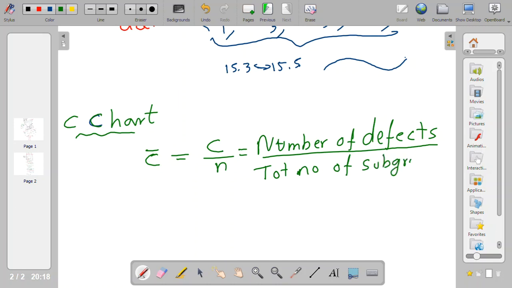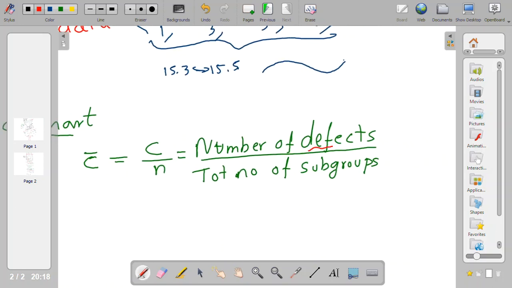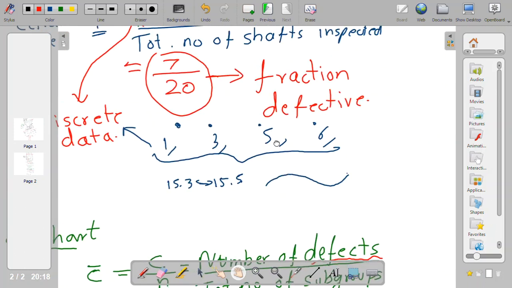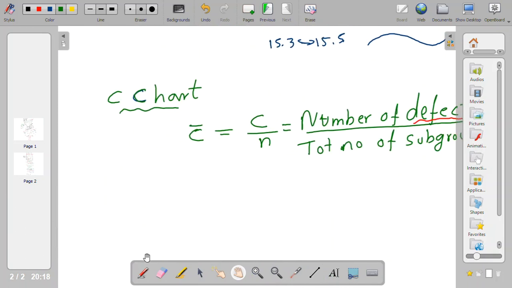Now, what is the difference between defects and defectives? Just listen. Now defects means what? Who can guess defects and defective?